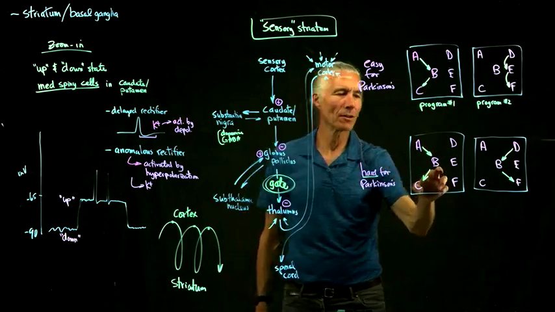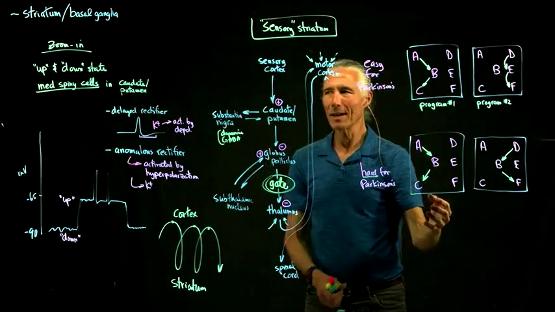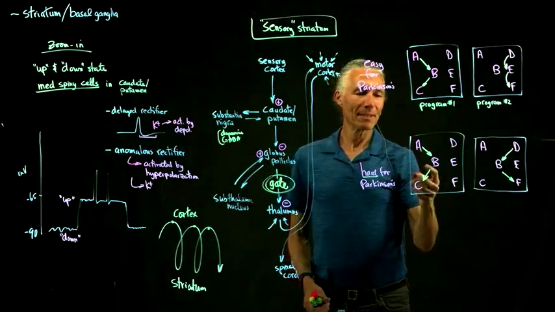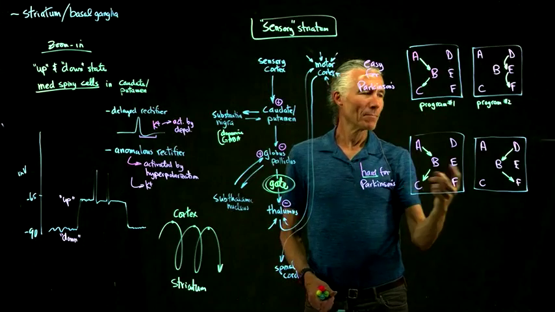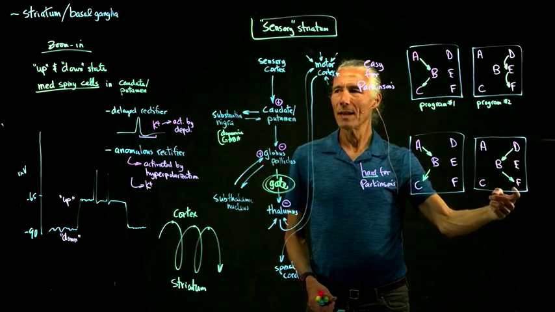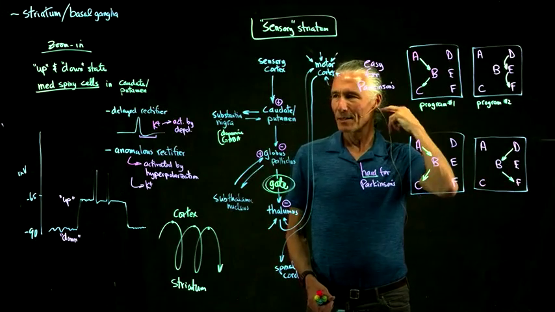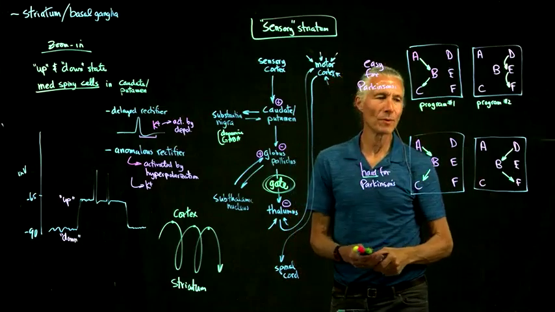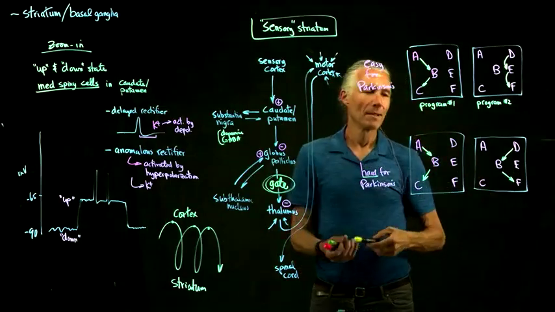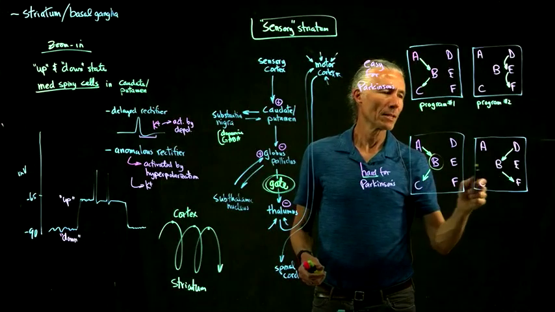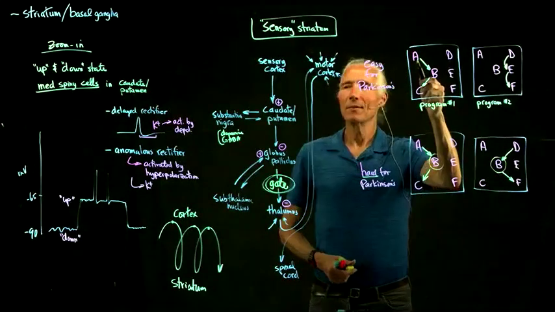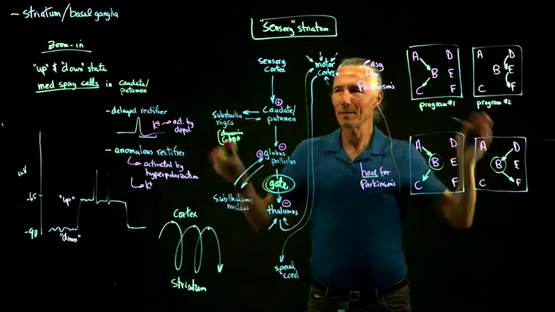In this case, you have to know I'm in program number 1, and program number 1 is ABC, the whole thing, and program number 2 is DBF, the whole thing. Parkinson's patients would have trouble with this because of the overlapping element, because you can't use the strategy of, if I'm at A, just go to B and forget everything else.